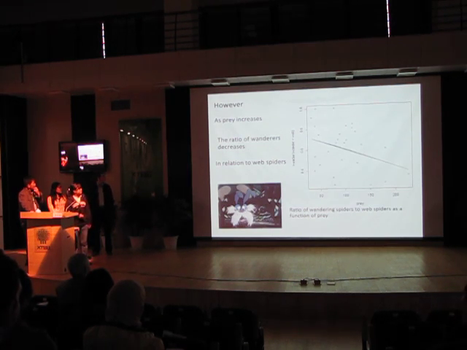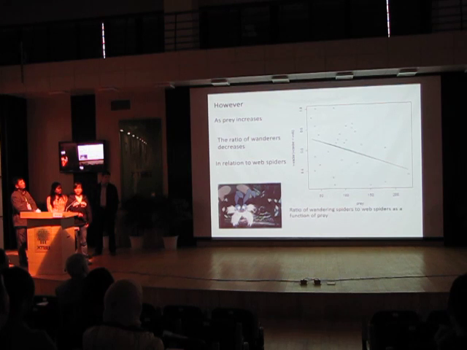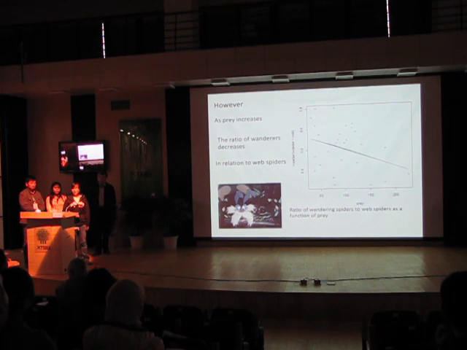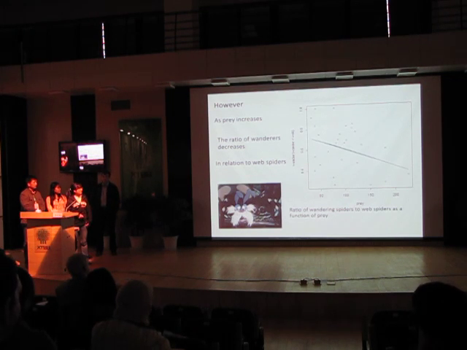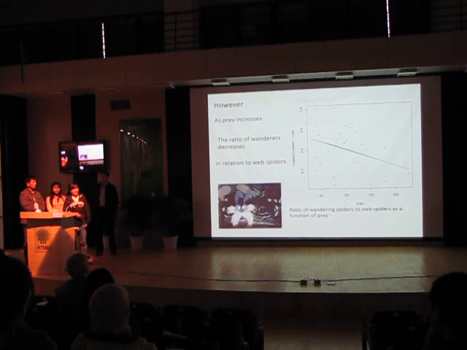Now, this figure shows that the ratio of wandering spiders decreases when prey abundance increases. This is not our original expectation, because as mentioned before, we thought that when prey abundance increased, there would be more wandering spiders, because wandering spiders can follow the prey. So this will be discussed later.